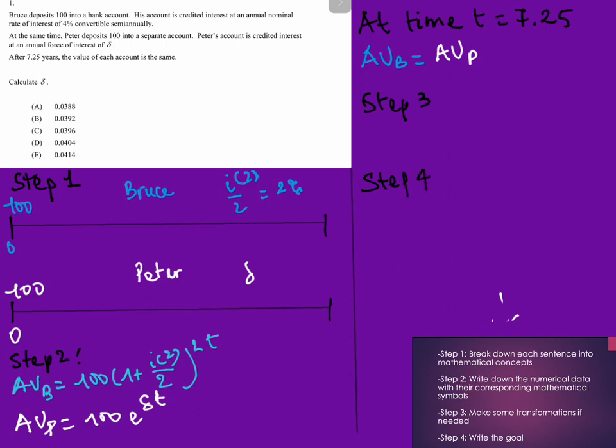Our goal here is delta. The reason why we need to write a goal is to not mess up when we are solving the question. We have to have all these points very clear in our mind so that we will solve our question very quickly.